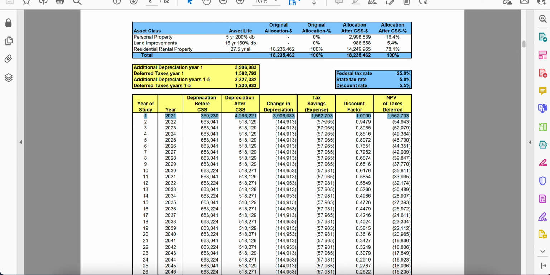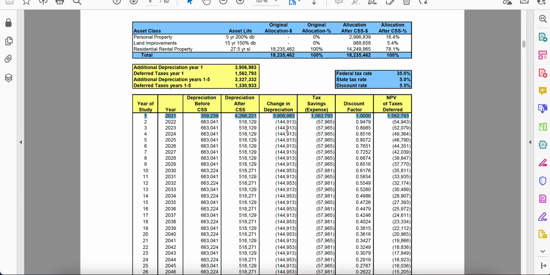So what that means is that the owners of the property, and this includes the general partners and investors, would see $3.9 million on their tax return. They'd be able to use a portion of that to offset the rental income from the property, which we did in fact see.